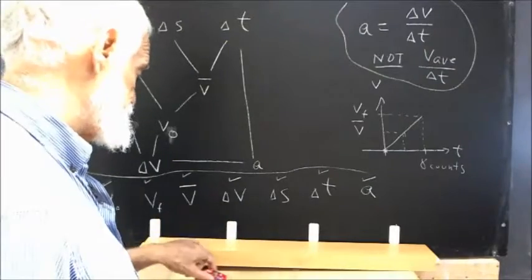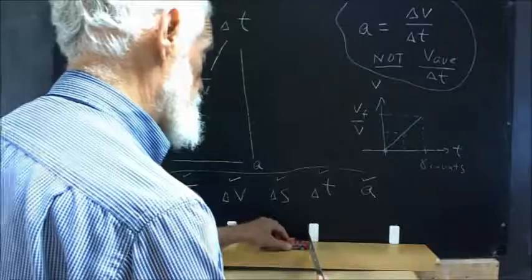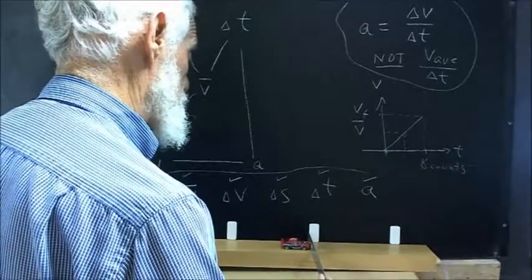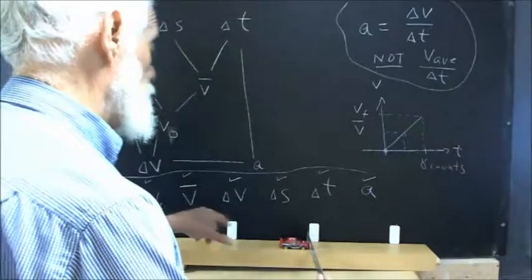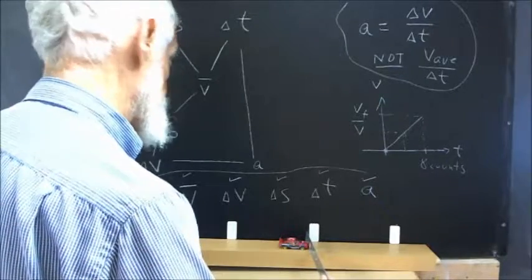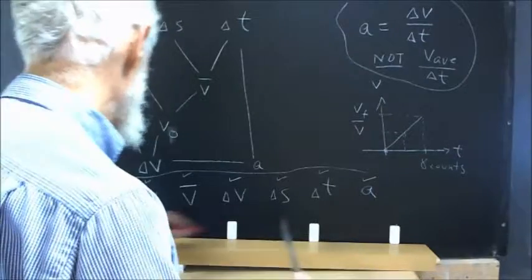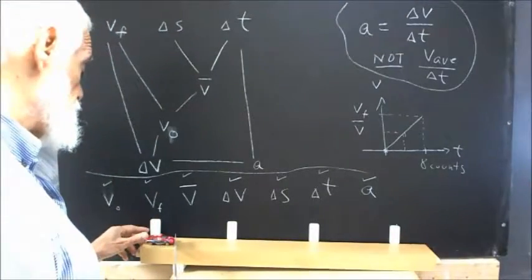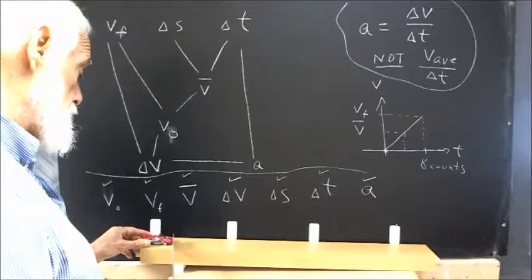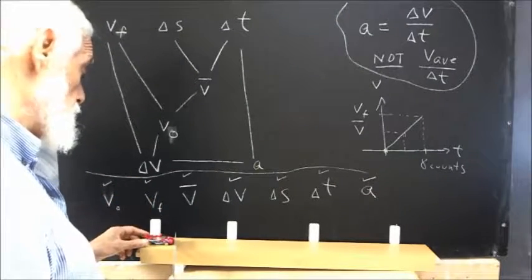Now notice that when the car was stopped at the second domino, it didn't travel 2 complete distances, okay, 2 complete units of distance. The back of the car was lined up with this edge of the domino, okay, the back edge of the domino, if we think in terms of the direction of motion.